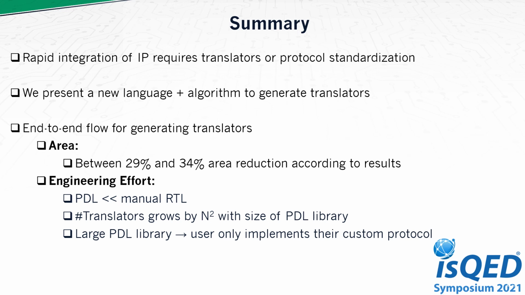And second, we greatly reduce engineering effort required to produce these translators. This is especially true when you consider that once our library contains a PDL, it does not need to be written again. And hence, the number of translators we can generate grows as a function of n squared. So a user should only need to specify their own custom protocol and then be able to generate translators to other protocols in seconds.